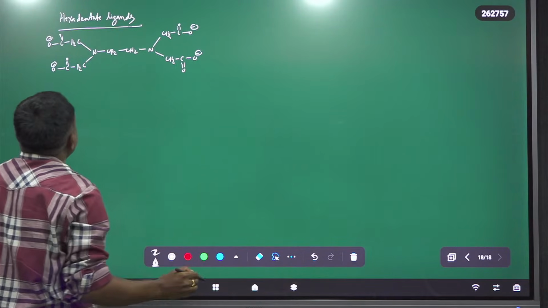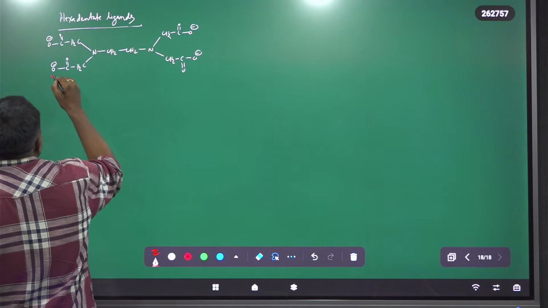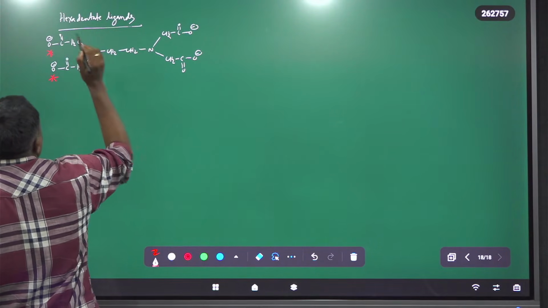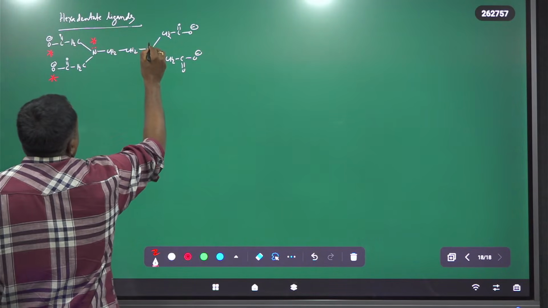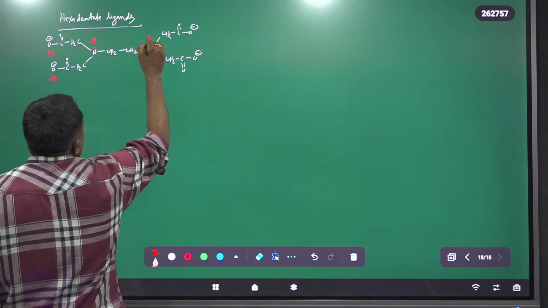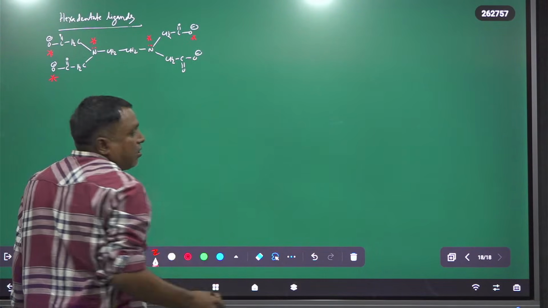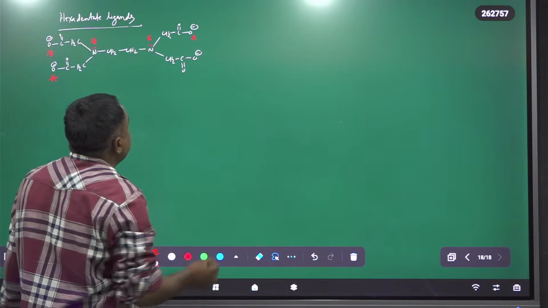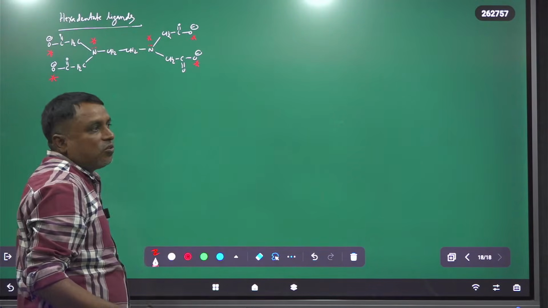This is the hexadentate ligand. How many donor atoms now? This is one donor atom, this is another donor atom. The lone pair on nitrogen acts as a donor site. And this oxygen is electron rich because of the negative charge, acting as a donor site. Similarly this oxygen is also a donor site.